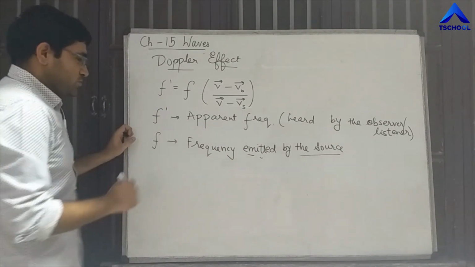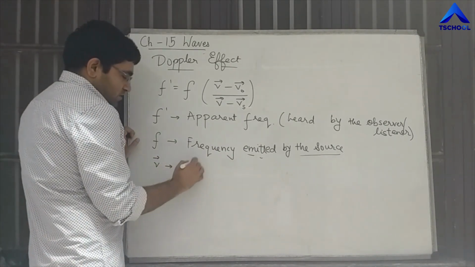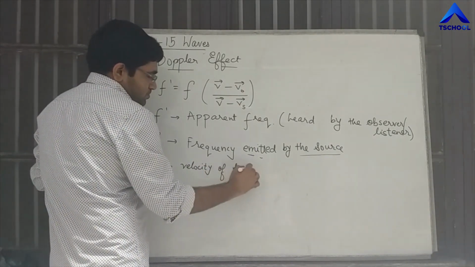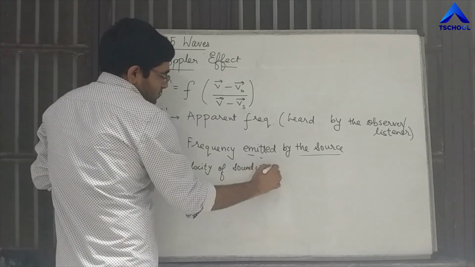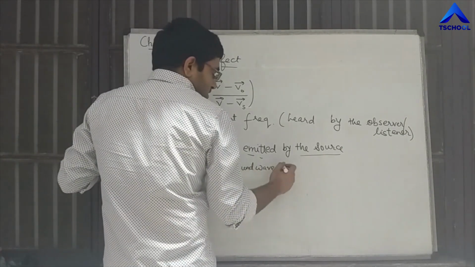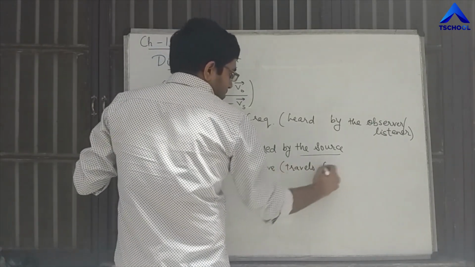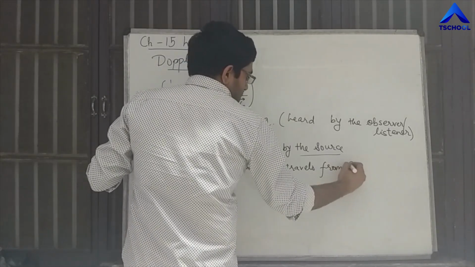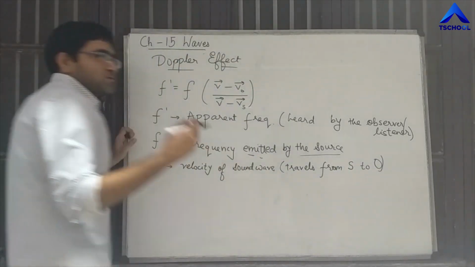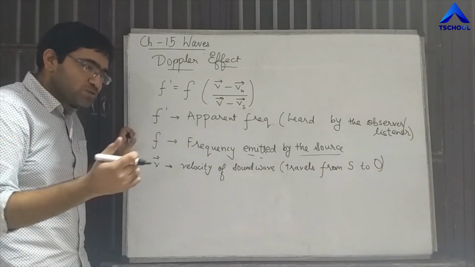Now what are these other terms? Well, V vector stands for velocity of sound wave. Obviously we are using this for the sound wave, so it's the velocity of the sound wave that travels from source to observer. Obviously the source is going to emit the sound, that sound wave will travel towards the observer and the observer will listen to it.